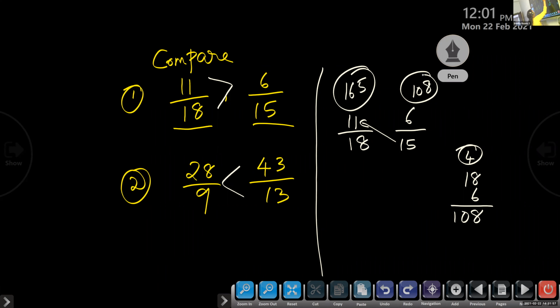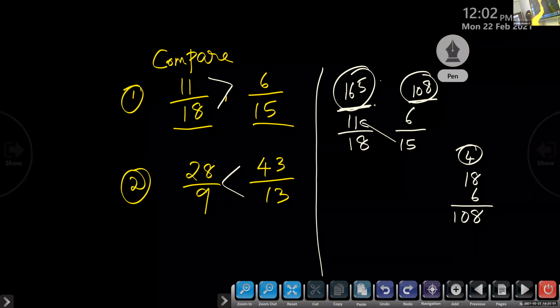So children, look at the numerators only. This is greater, that means this answer is correct.